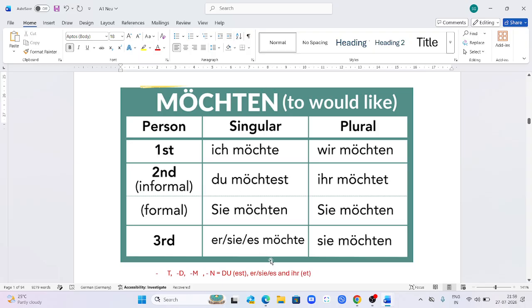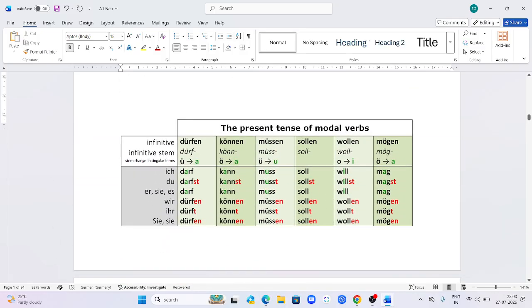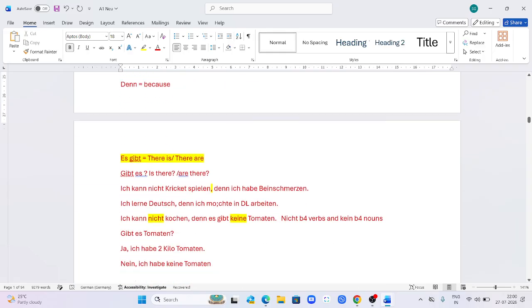That remains the same all over. It does not change. But if you see other modal verbs, it changes. Dürfen will become darf. Können will become kann. Müssen, muss, without umlaut. Sollen is the only one which remains the same, soll. Wollen becomes will. Mögen becomes mag. But möchten remains the same.